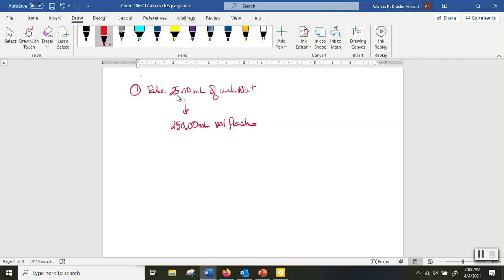So we went from 25 to 250, so we're going to be using M1V1 equals M2V2 somewhere. Then we took exactly 50 milliliter aliquots of this diluted solution and put them on the ion exchange column.